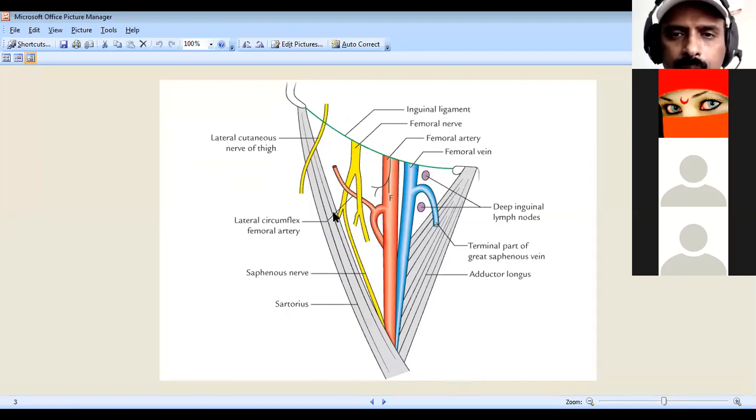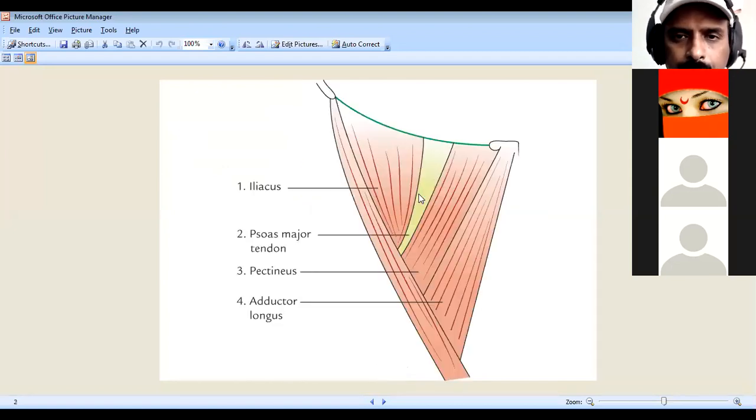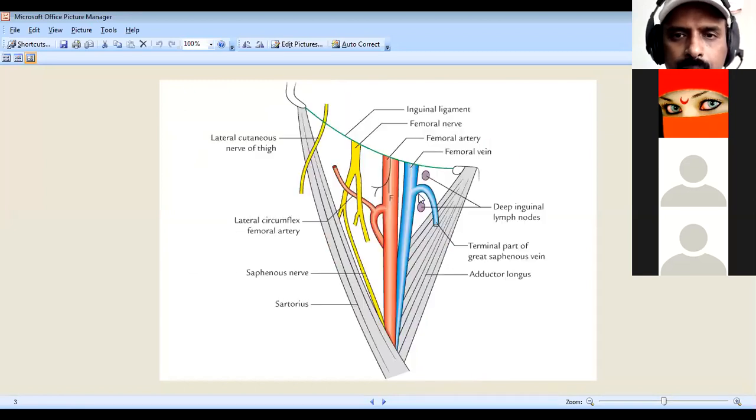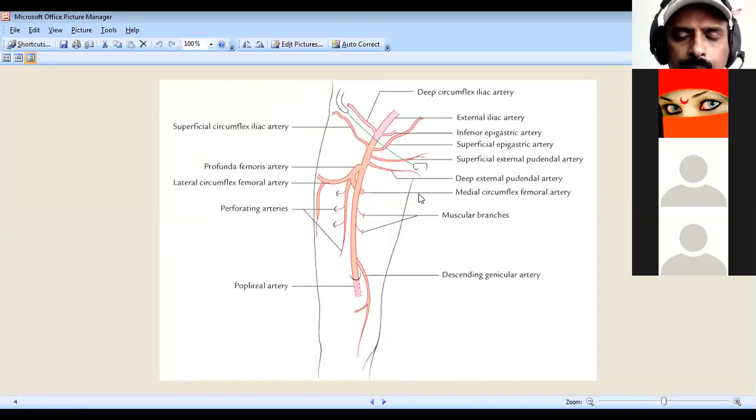These are the main important contents; even the femoral sheath is a content of the femoral triangle. One more question is asked about the femoral artery. The external iliac artery continues as the femoral artery below the mid inguinal ligament, and it terminates by continuing as the popliteal artery in the thigh region.